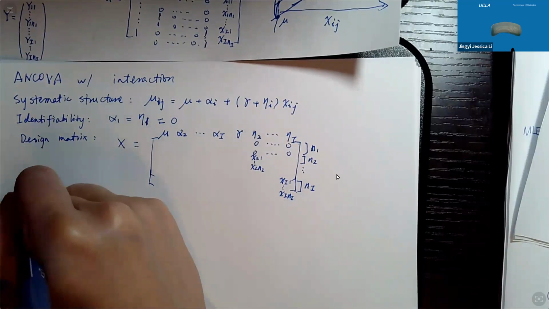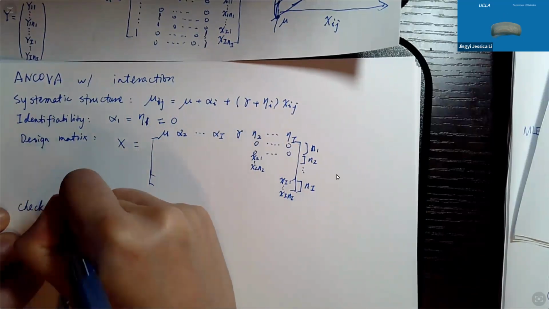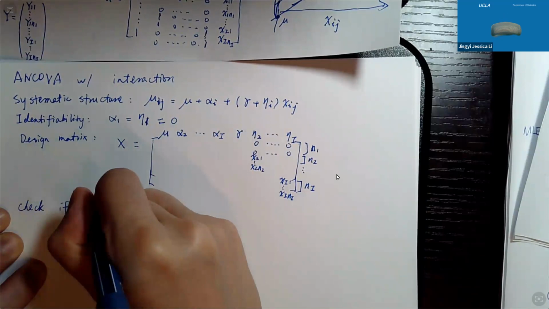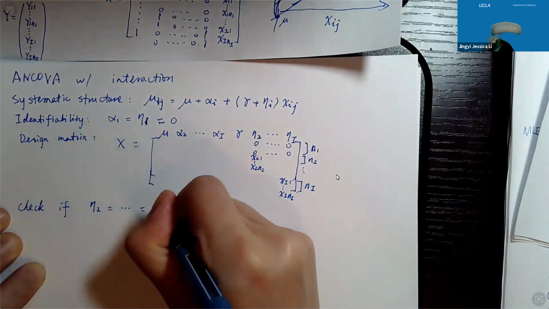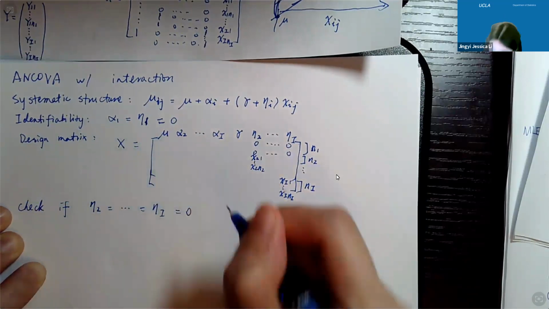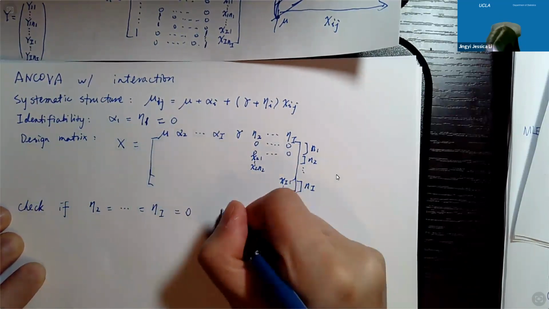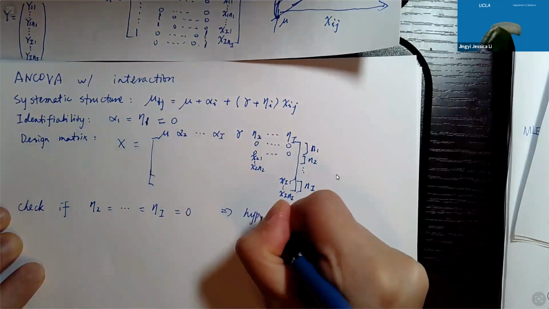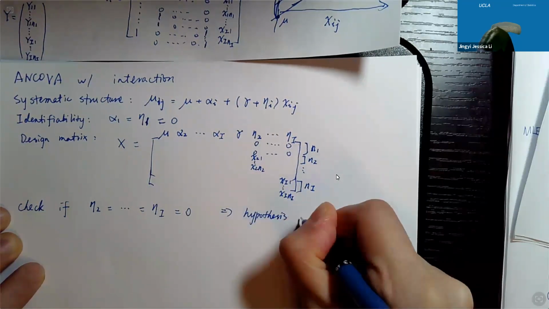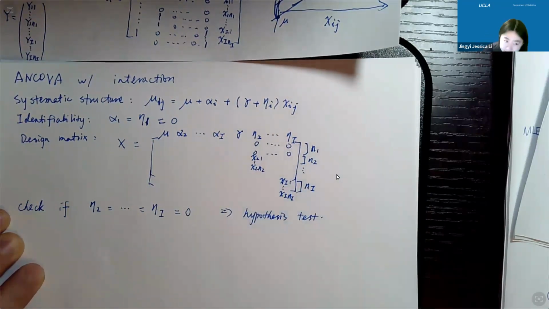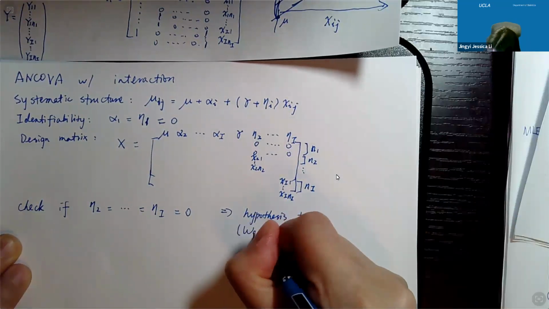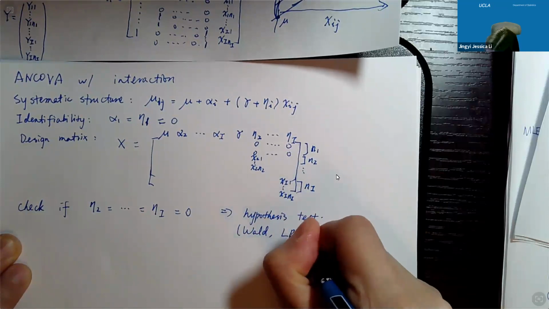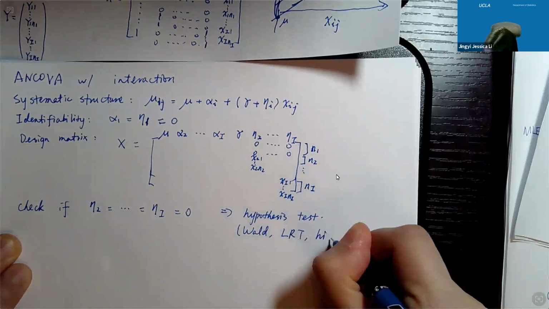So check if eta 2 to eta I are 0. And this is a hypothesis testing question. And you have 3 options we have covered so far: the Wald test, the likelihood ratio test, or the hierarchical ANCOVA.